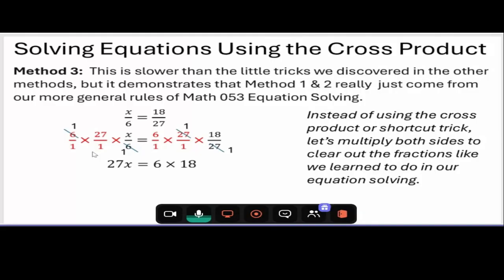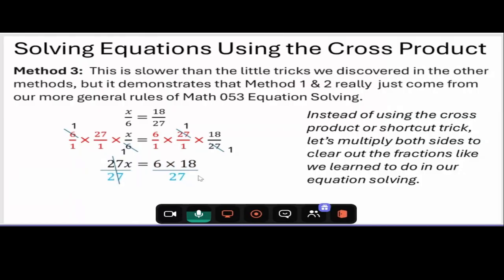But remember, what you're actually doing, and this is mainly for Math 053 again, is clearing the fractions, just like you are doing with every other equation you run into that has fractions in it. And then, of course, we finish this by dividing both sides by 27. Now look again at this.